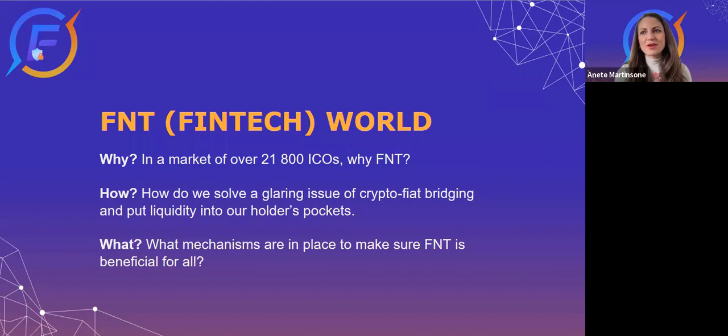What do we see in this market so special to enter with the FNT product, and how are we differentiating ourselves, what makes us different from those other ICOs? How are we solving some problems or challenges that people are experiencing in the market, how are we overcoming and resolving them? And then there is the what part: what mechanisms, what system, what product do we have to offer to our partners or potential partners?